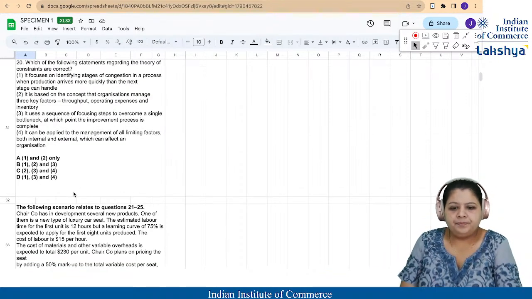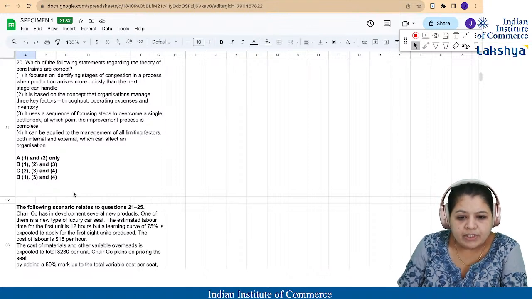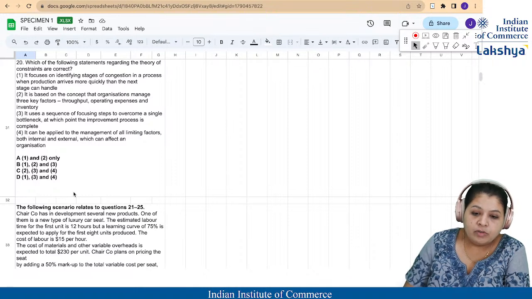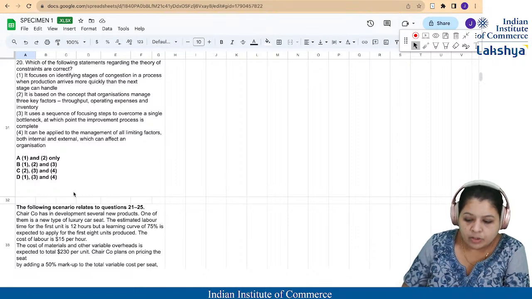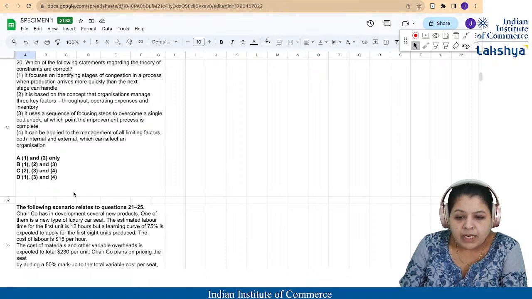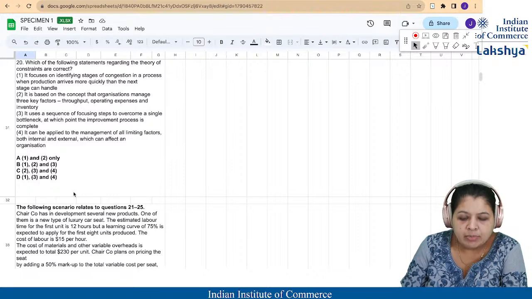Theory. Which of the following statements regarding the theory of constraints are correct? If you know theory of constraints, you would be able to answer it well. The question says it focuses on identifying stages of congestion in a process when production arrives more quickly than the next stage can handle. It is based on the concept that organizations manage three key factors: throughput, operating expense, and inventory.